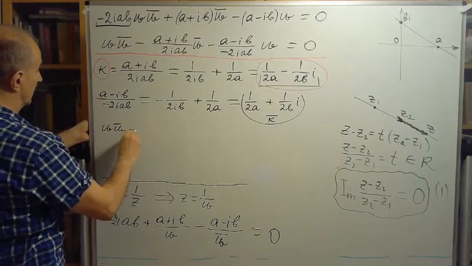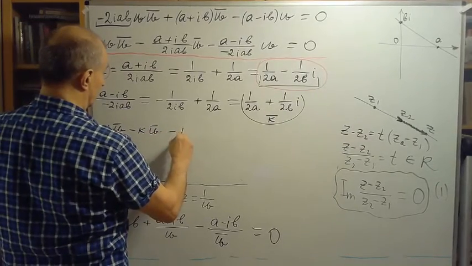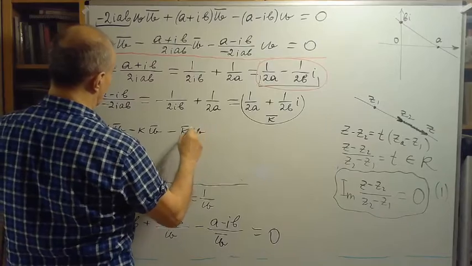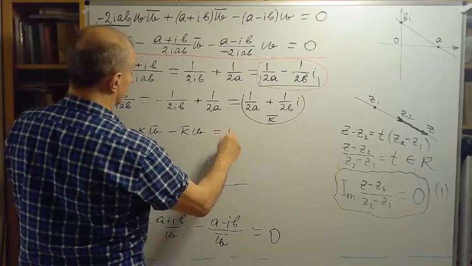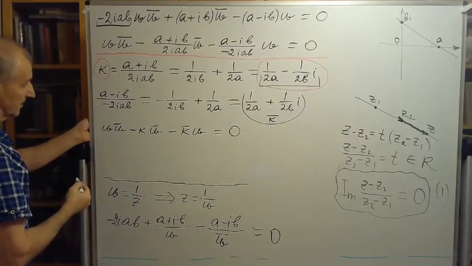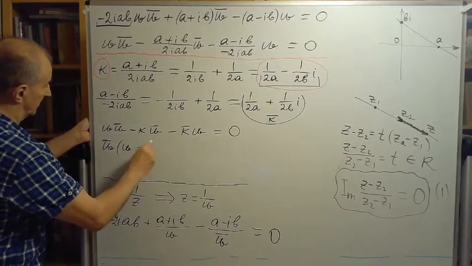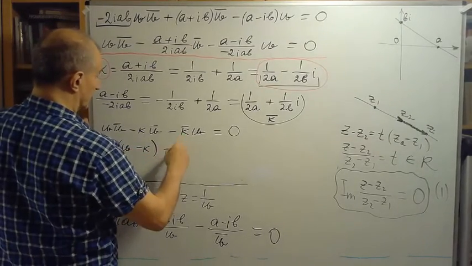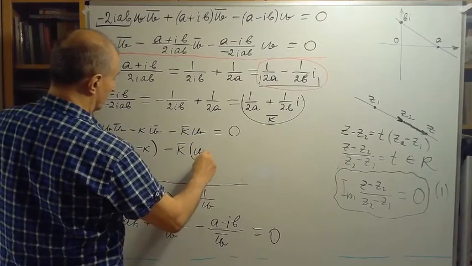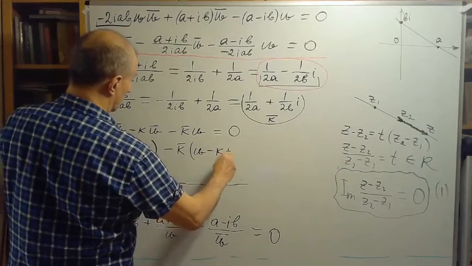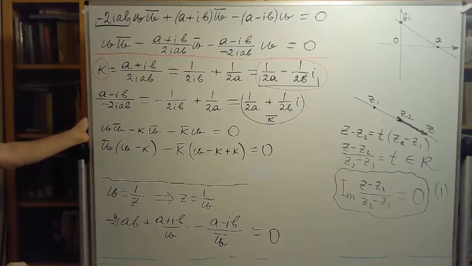W conjugate minus K W conjugate minus K conjugate W equals 0. Now we can complete the square. I will factor out W conjugate, W minus K, and as usual we are left with negative K conjugate, and here instead of W I will write W minus K plus K equals 0, so nothing has changed.